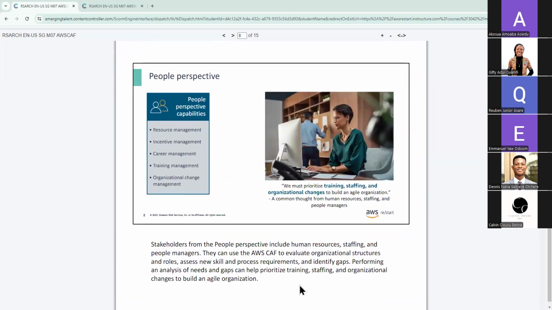Then we move on to the people perspective: resource management, incentive management, career management, training, organizational change management. So the people that you have in your organization now, would they be able to work as efficiently as they do if we should move to the cloud?